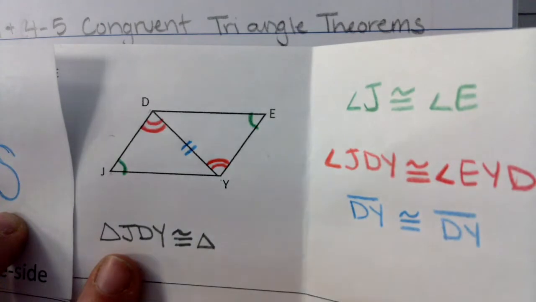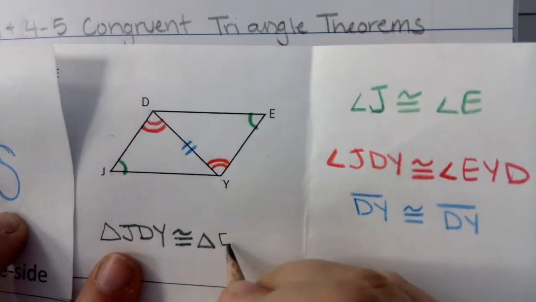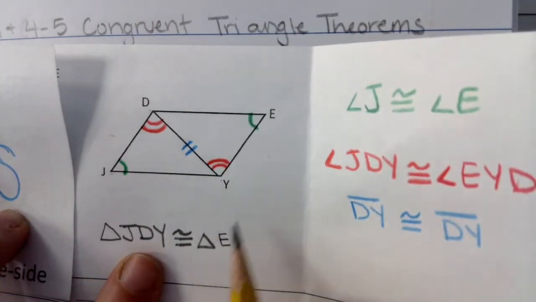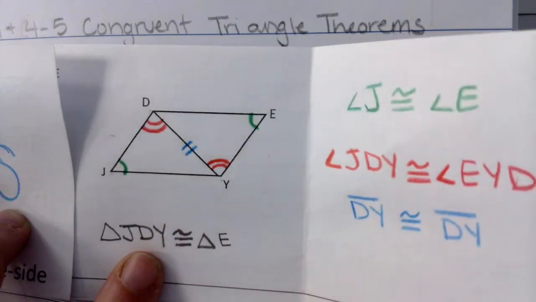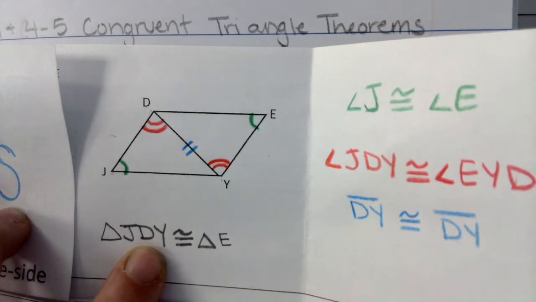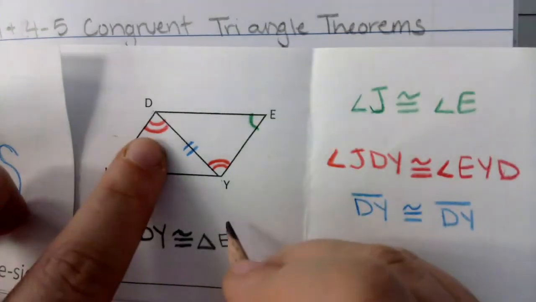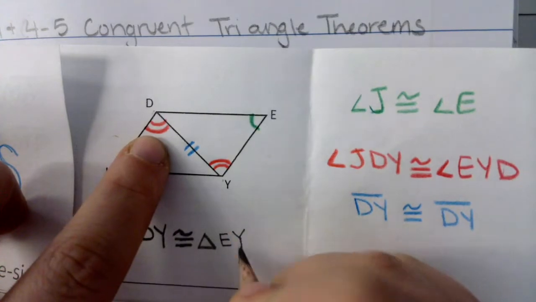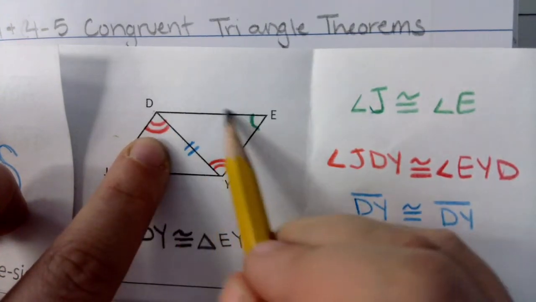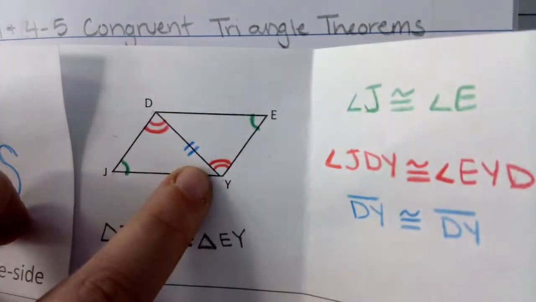Or should we do EDY? No, yeah, Y. Because that D has the 2 arcs. What has the 2 arcs over here? Y. And then we end up on that side that's the same, and we get D. So is it okay that those flip-flopped around? Yep, that's totally fine.